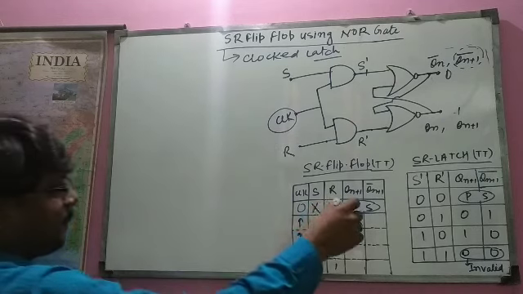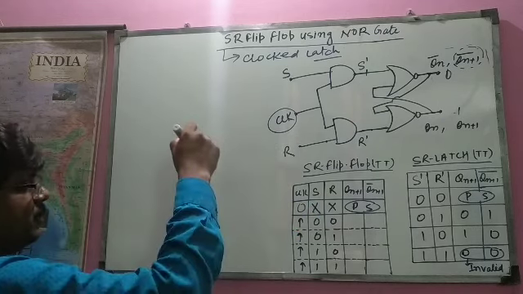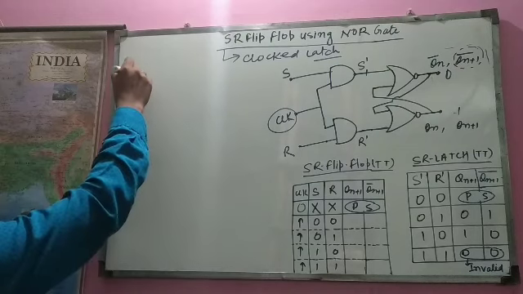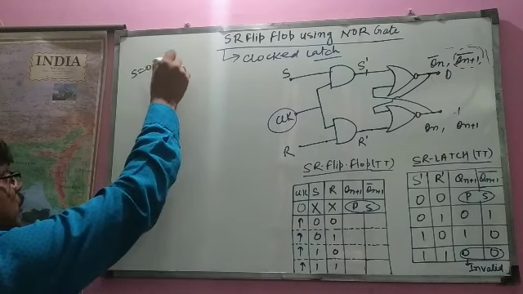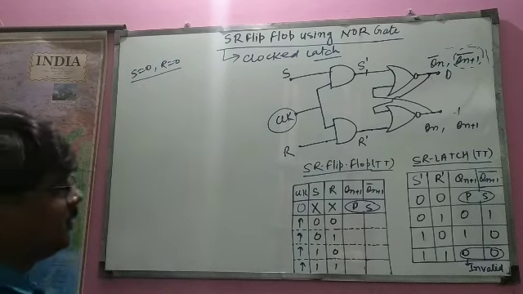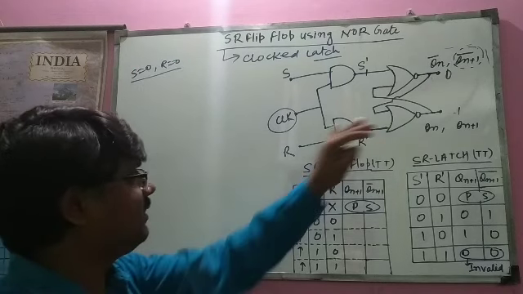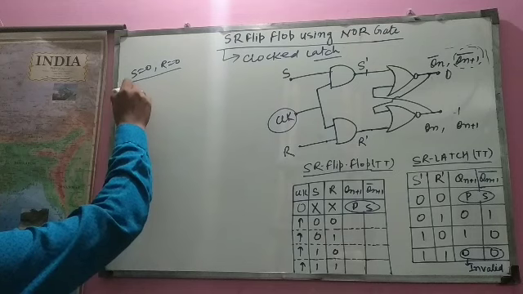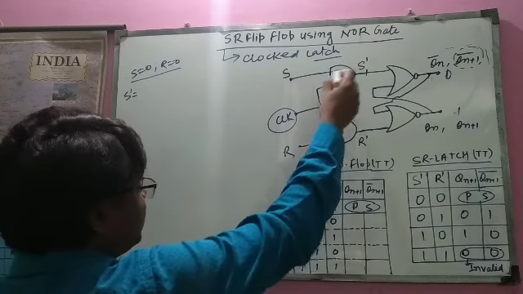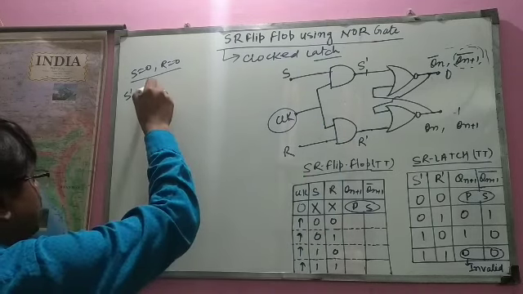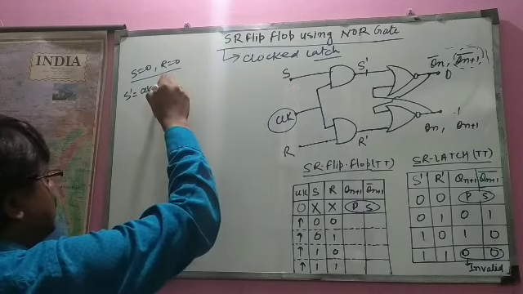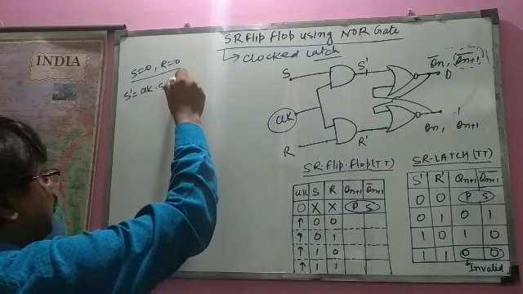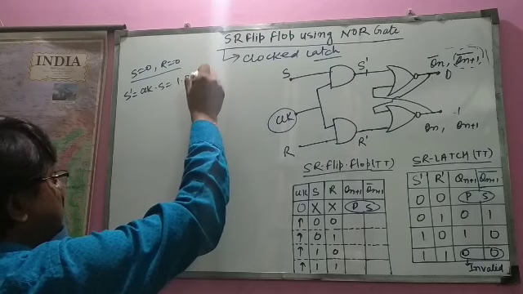Let us suppose S is equal to 0 and R equal to 0, what will be the value? So let us first calculate S dash and R dash. S dash will be clock into S, and S is 0 and clock is 1, so this is 0.